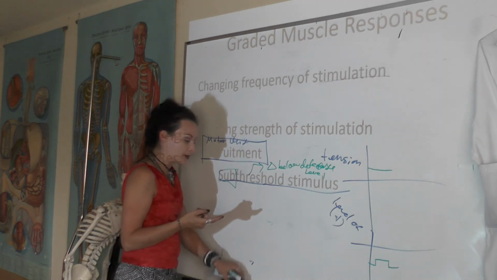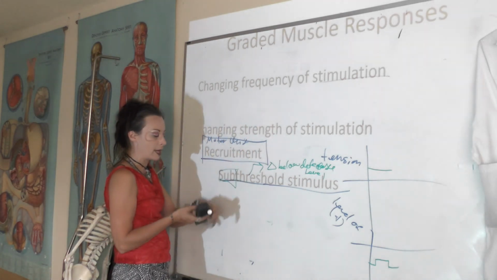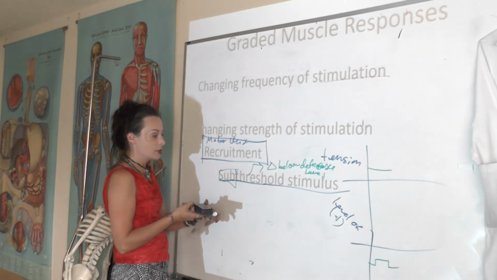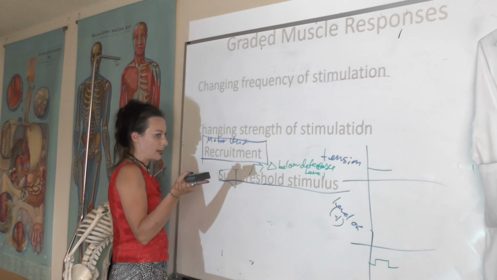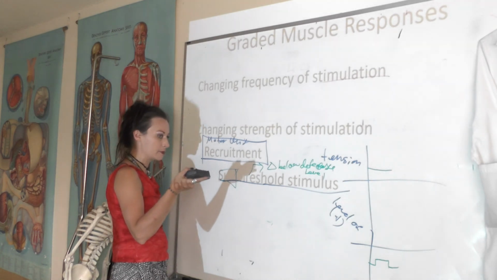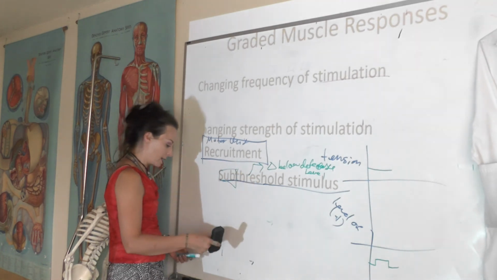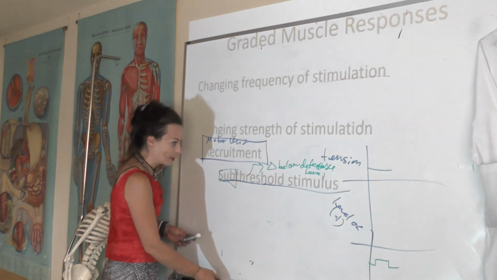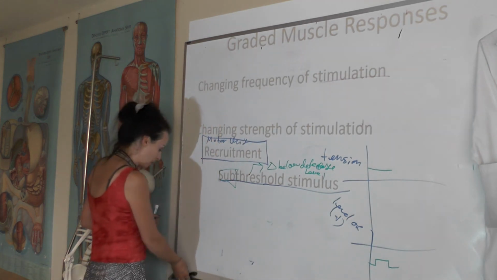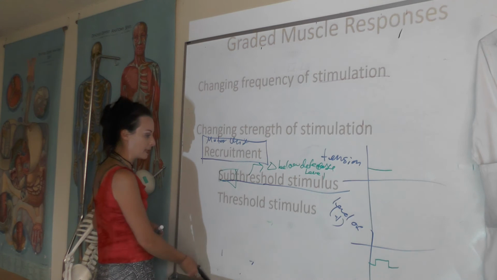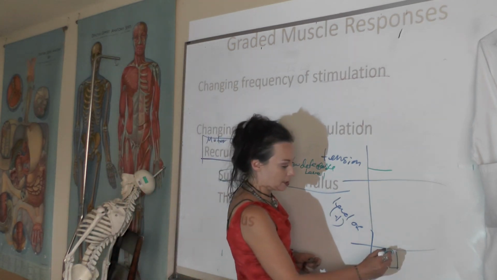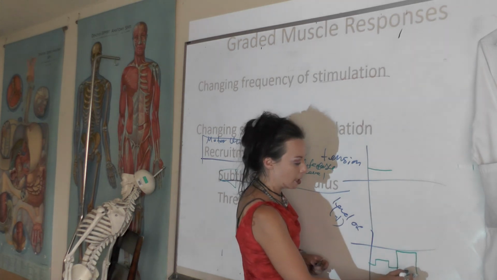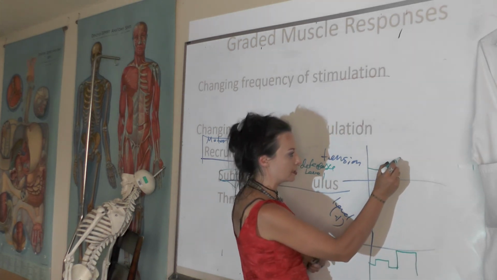Well now, if it's just this one finger and I put an eraser on there, sure, now there's some more weight to that, and furthermore, I've got to balance it. So now all of these various motor units are going to come on and start responding. What we'll see then is our threshold stimulus is the first level of stimulation that is going to result in my muscle generating tension.